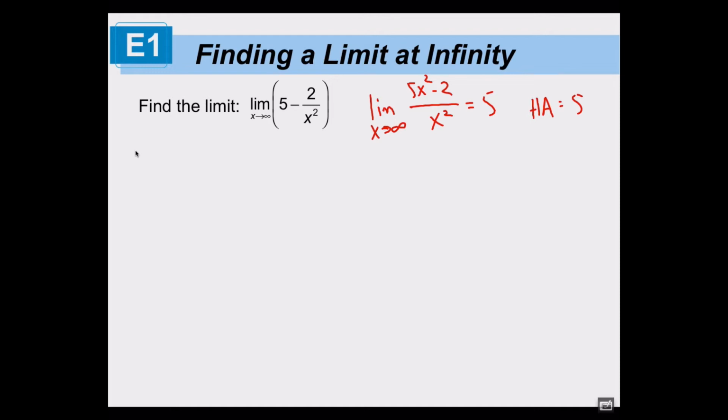I just want to know what's this. What's the limit as x approaches infinity of 5? 5, right. Why? You're overthinking it. This is no x, so it's just always going to be 5.